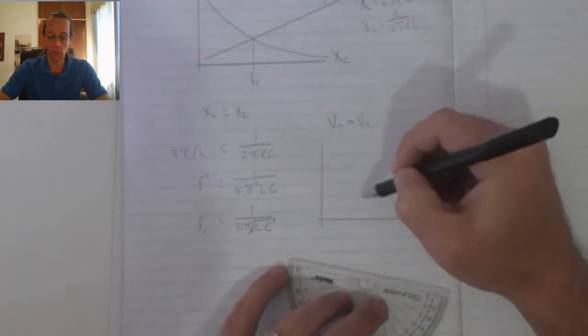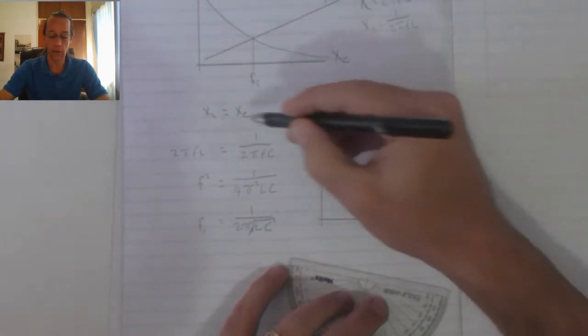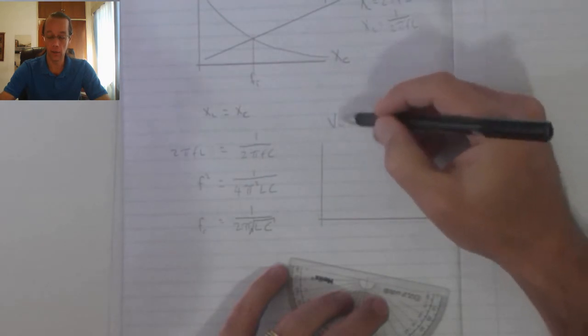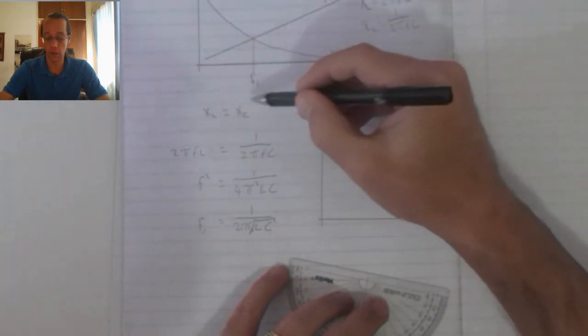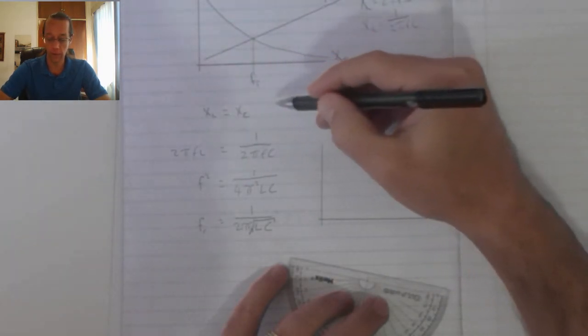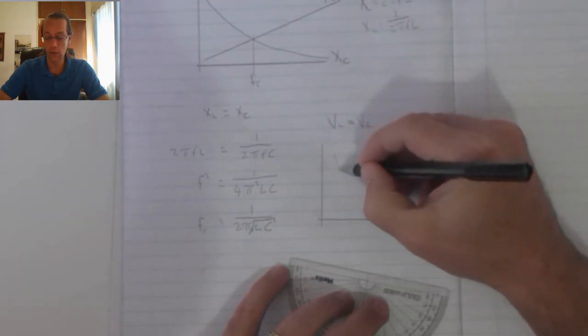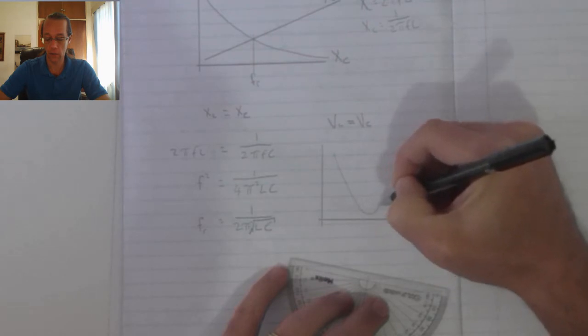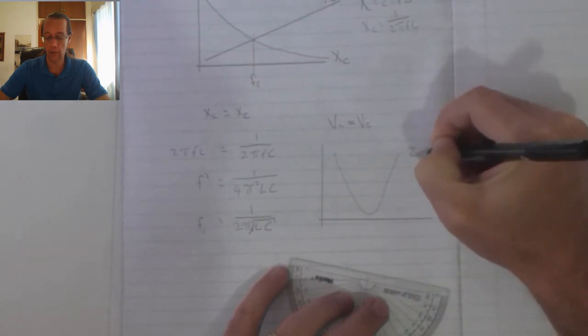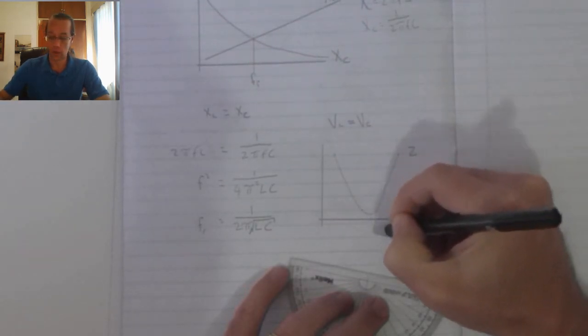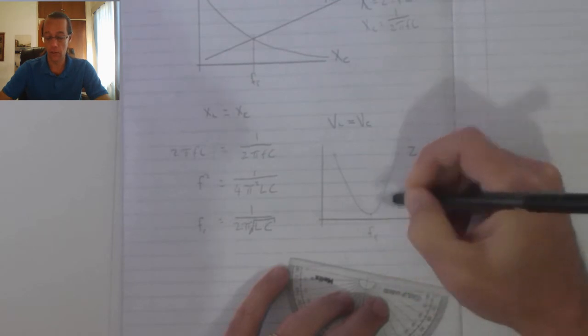Because of this, we can see that when we're working with XL and XC, the closer we get to resonance, the impedance is going to decrease as we approach my resonant frequency.